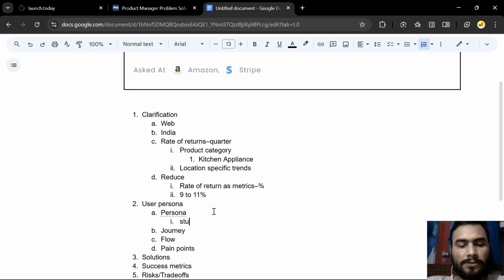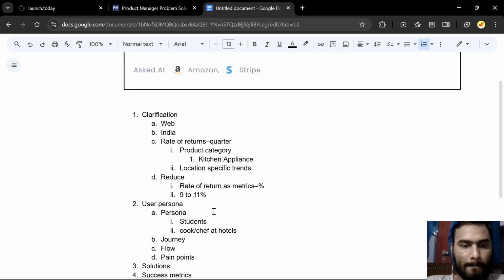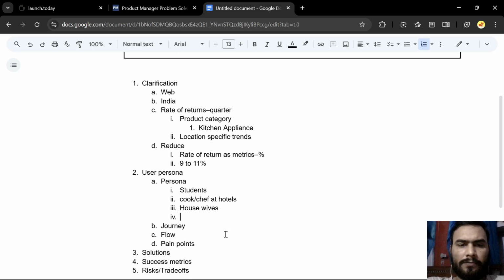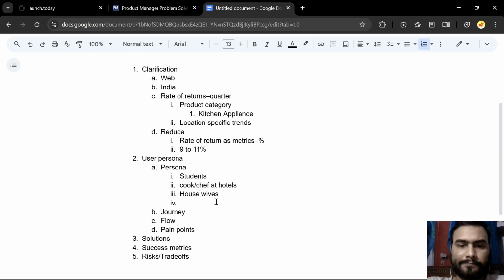So the first user group that comes to my mind is the student. Any other group that I can think of?